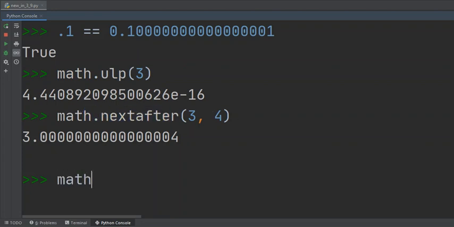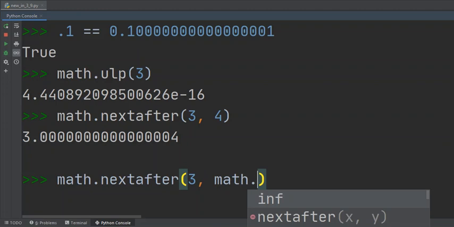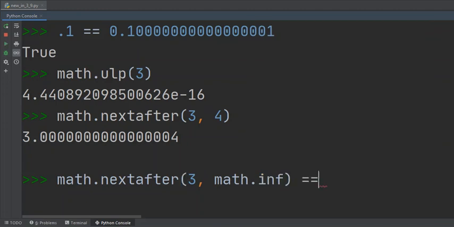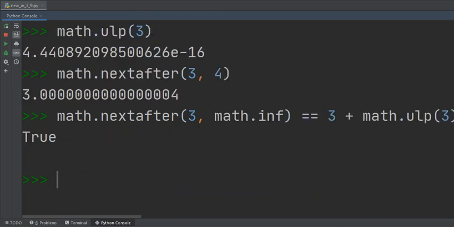If you do math.nextafter(3, math.inf) or whatever, that's going to be equal to 3 plus math.ulp of 3, okay? And see, that's true.